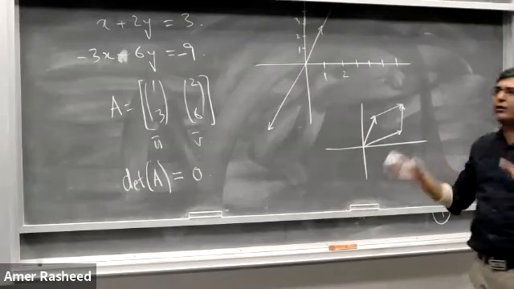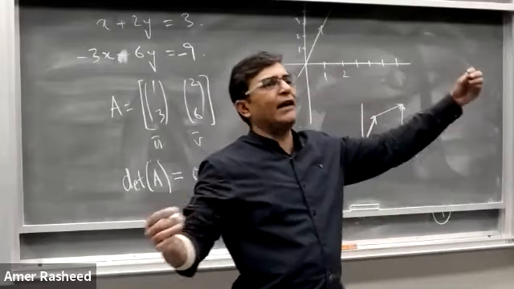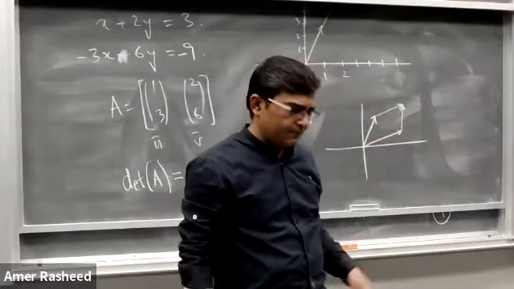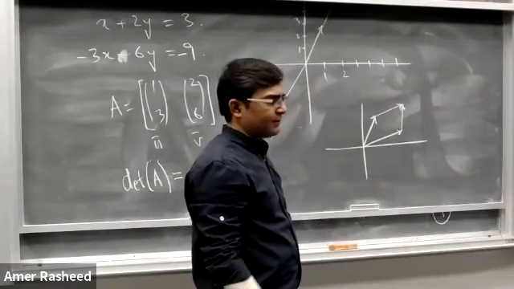But still in that case also we cannot make a parallelogram by using these two vectors, okay? We'll get a straight line which doesn't have any area. I hope you get it. If you have any question, you can ask me.